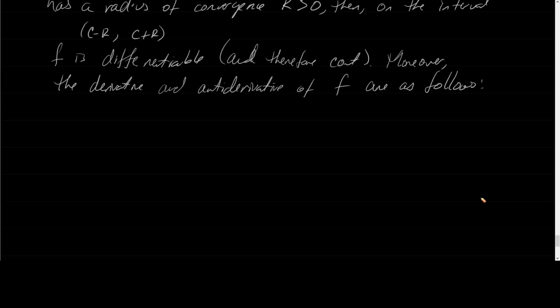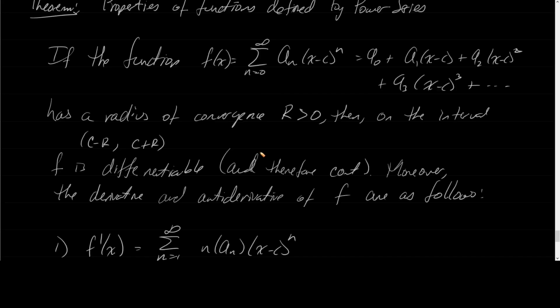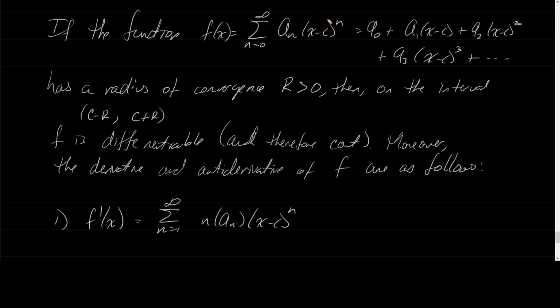So f prime of x would be the series from n equals 1 to infinity of n times a sub n times x minus c to the n minus 1. All right. Notice that I'm taking the derivative of this piece. Bring the exponent down to the front, and subtract 1 from the exponent. Right? So that would be our derivative.